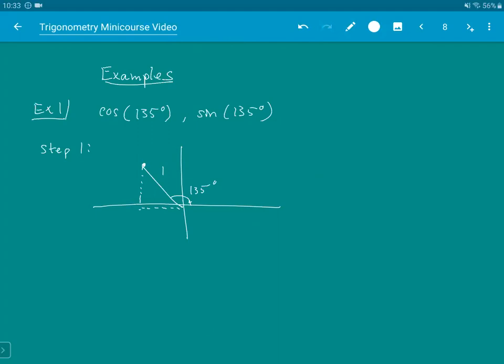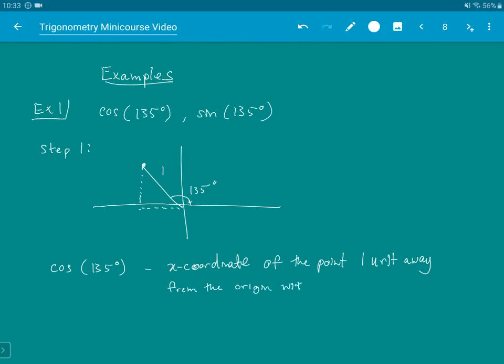Well, their new definitions are the x-coordinate and the y-coordinate. So cosine is the x-coordinate of this point, and sine is the y-coordinate of this point.